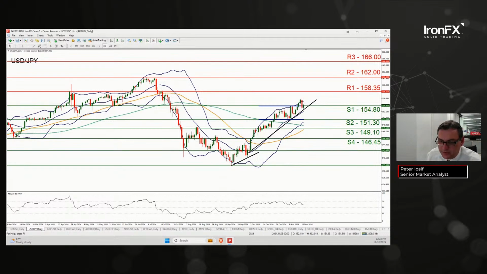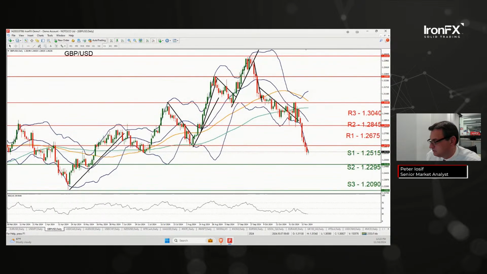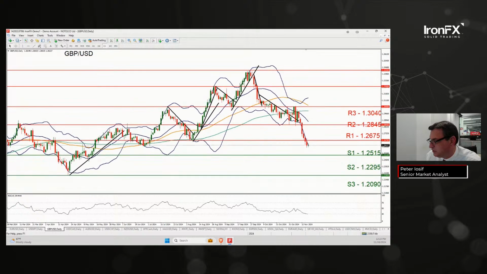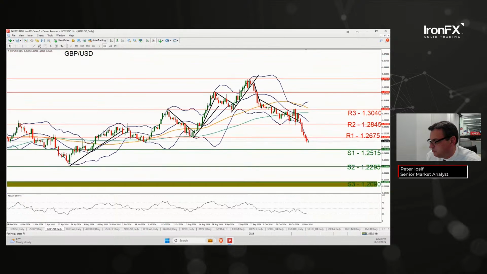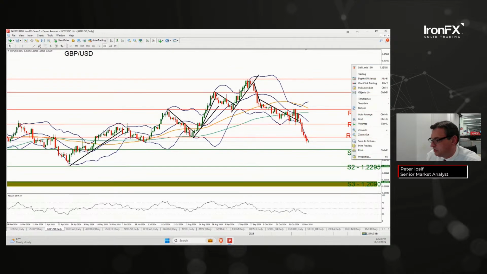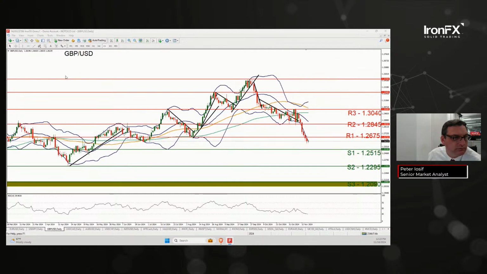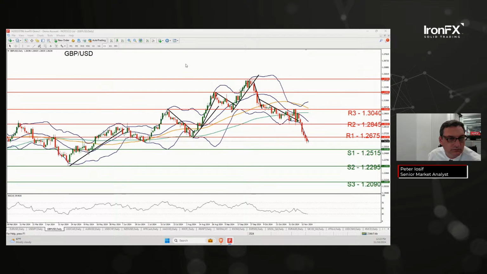Let's have a look at GBP USD. A clear-cut continuance of the bearish movement. Let me also delete the rectangle here. That's it. Let's readjust the labels.